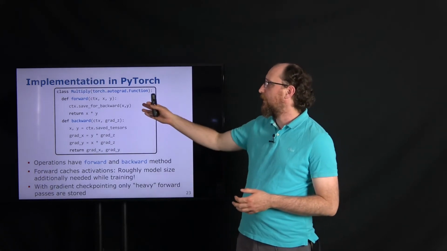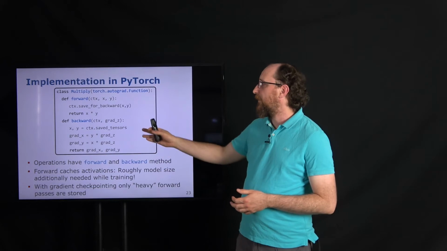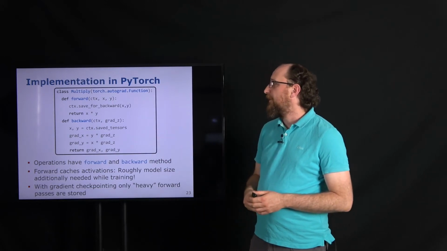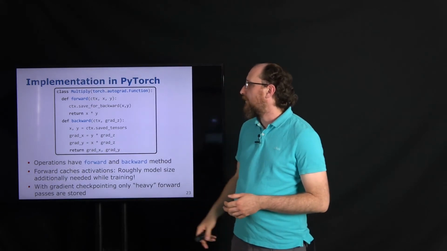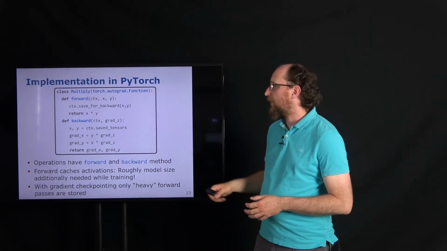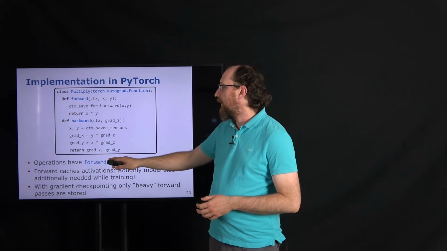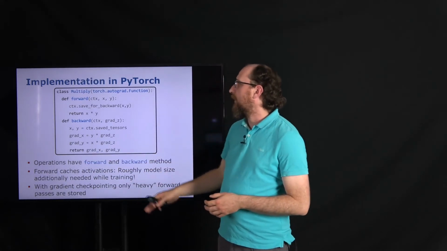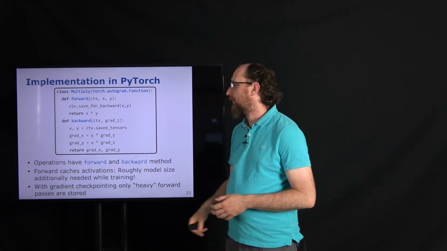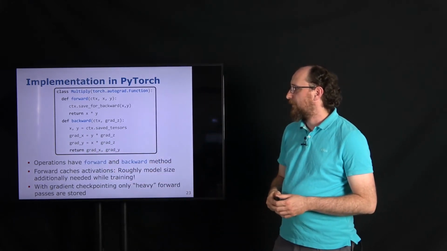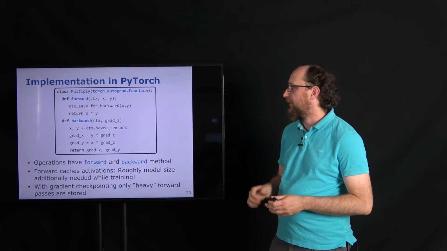So we are storing this. And then in the backward pass, we are just using this saved x and y. Then we can compute the chain rule for computing the gradients, and return, in the same order as we had the inputs x and y, also the gradients for x and y. So nothing to be afraid of here.